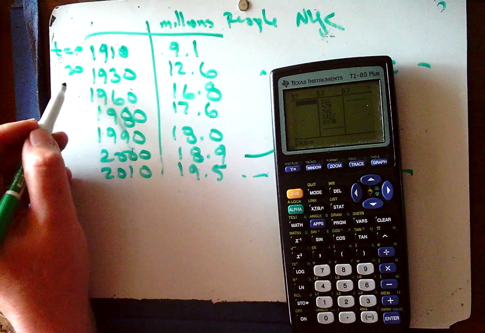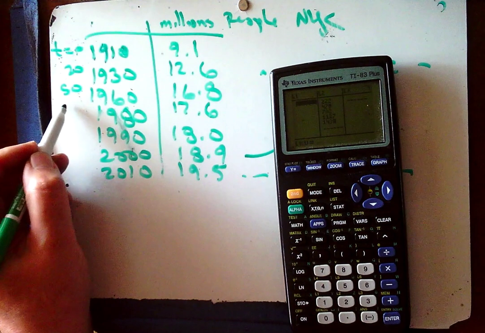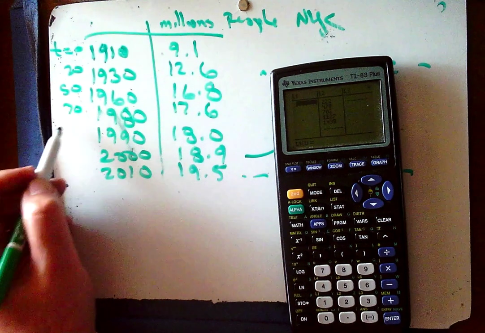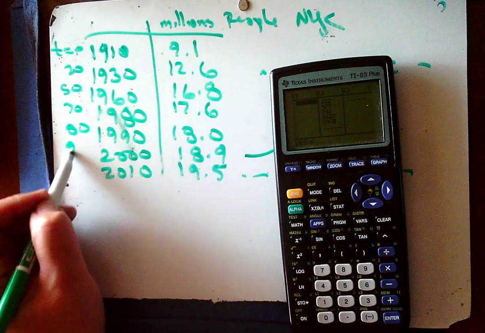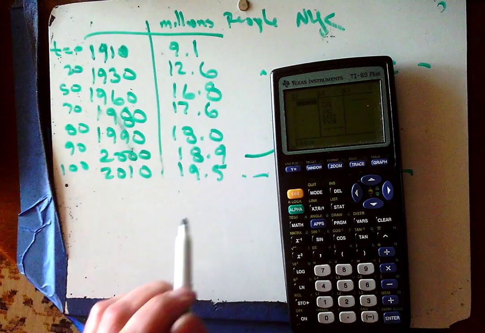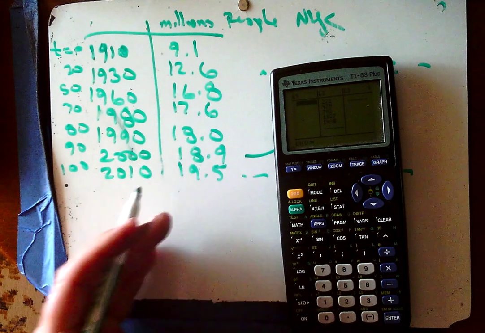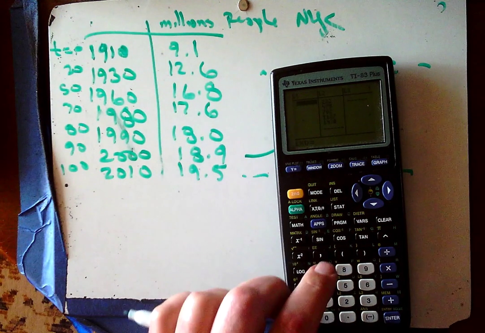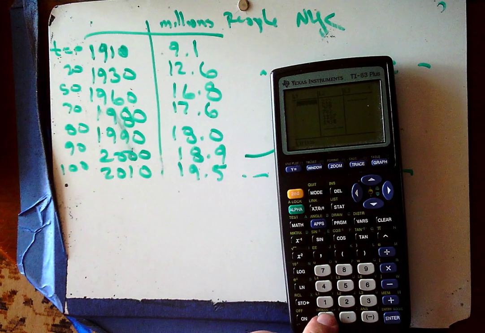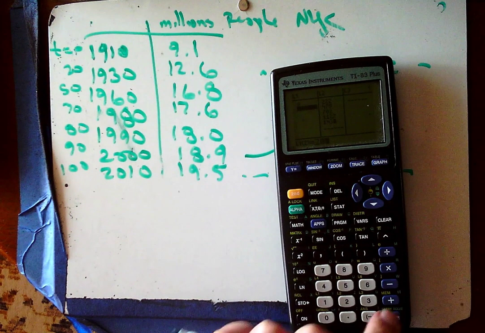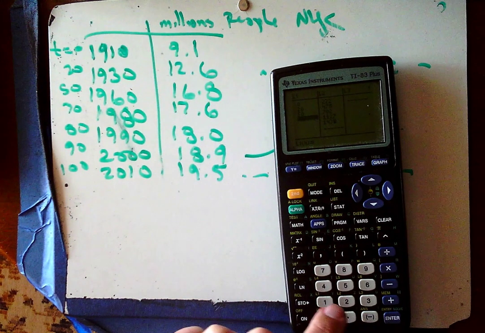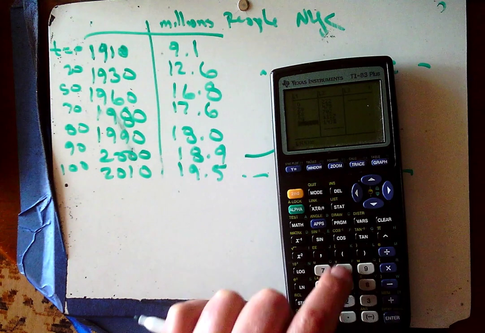So this is 20, this is 50, this is 70, this is 80, this is 90, and this is 100. I'm going to build a model for time since 1910.